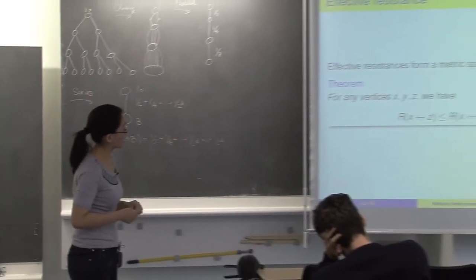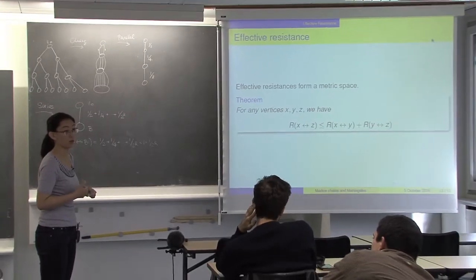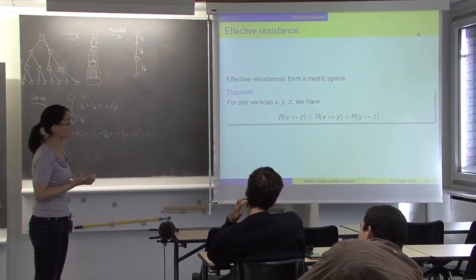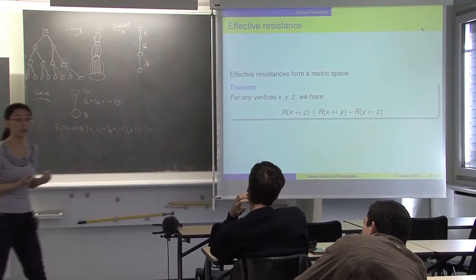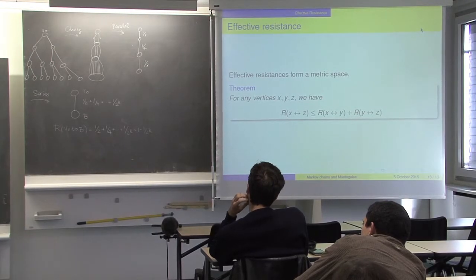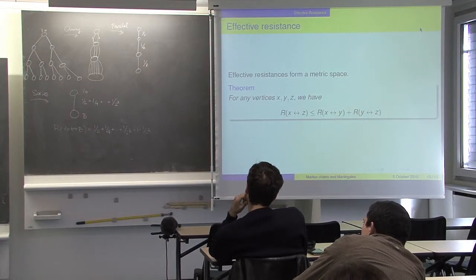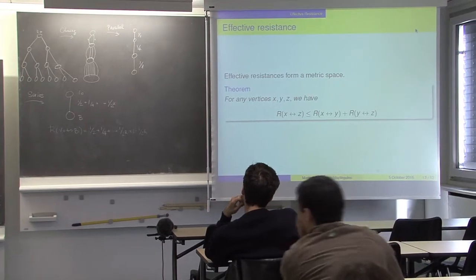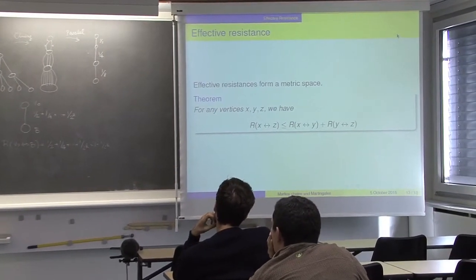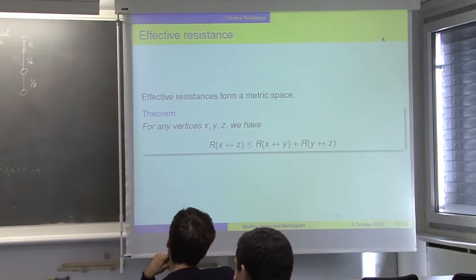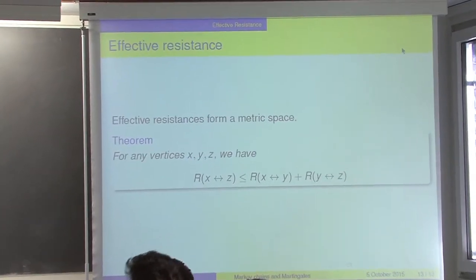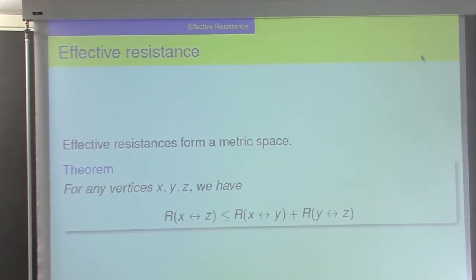And here we see that the effective resistance satisfies the triangle inequality. Since it satisfies the triangle inequality, in fact, the effective resistance gives us a metric structure on the set of vertices.